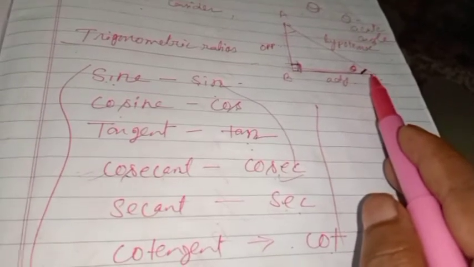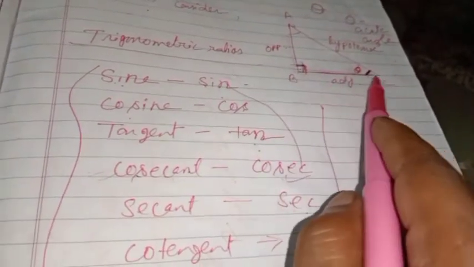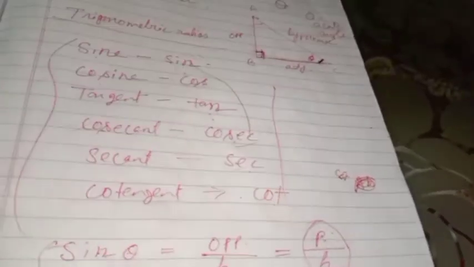The side including this angle, not the hypotenuse, the other side, you have to take as the base, and opposite of this is the perpendicular. Then you can write opposite side by hypotenuse. Already I told you, this one you have to treat as the base, BC as base, then AB will be the hypotenuse, so it is P by H.